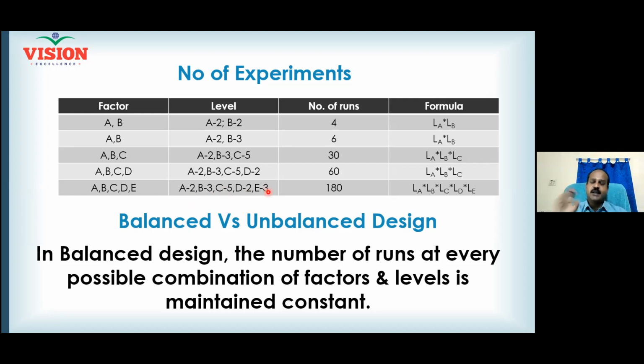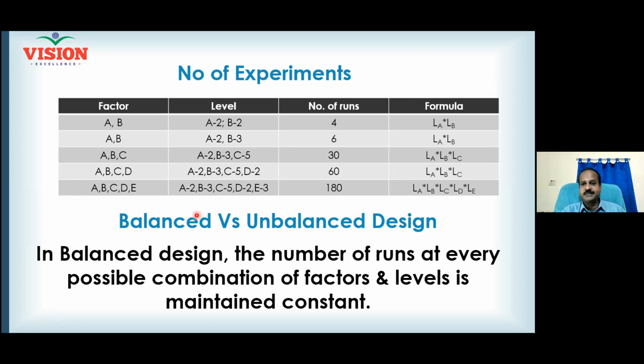Right. And now always, we keep factor combinations. A at low, B also at low. When both factors are low, I run 2 experiments. And now both factors are high. Then also I run 2 experiments. One factor is low, one factor is high. Then also I run 2 experiments. This is called balanced design.